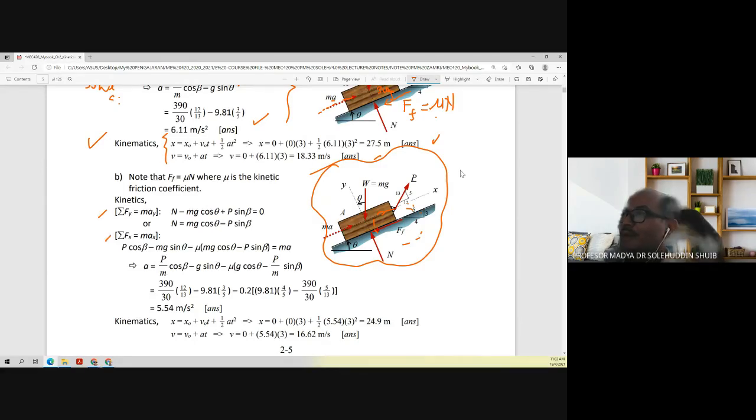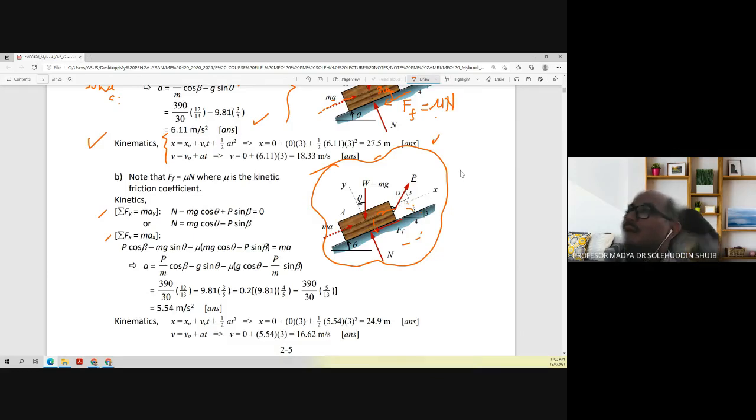For y, we have N minus mg cosine theta plus 3 sine beta, and we write it in terms of N. Then for the summation of force in the x direction, you write down this equation, solve for a, and substitute the values. Then you get an acceleration of 5.54.